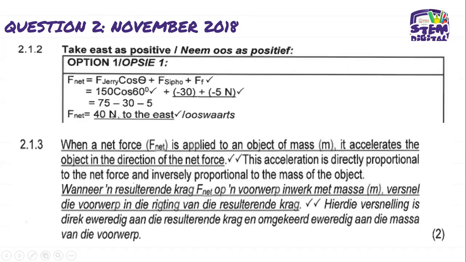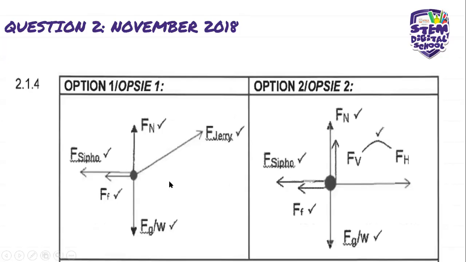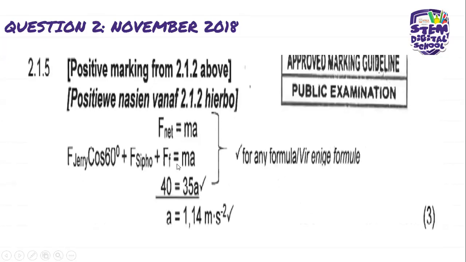And we'll substitute it with a positive value. Why? Because the net force was in the direction to the east. So we'll say net force is equal to ma. Remember, the net force is made up of all those horizontal forces that are causing the horizontal acceleration, and we calculated it and found it to be 40.